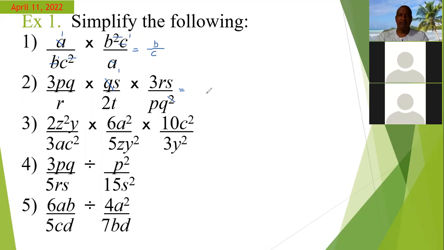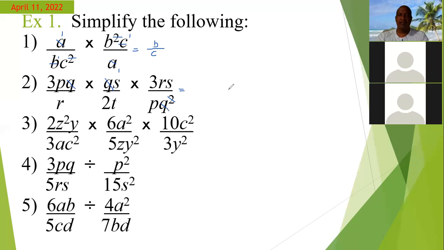Anything else? And we can cancel the R with 3R S. Are we finished with the Q yet, Miss Dorothy? Oh no, sir, we have another. We can cancel again with the Q. So this 3PQ here can be canceled with the remaining Q down here. All right, so the Q is finished now.